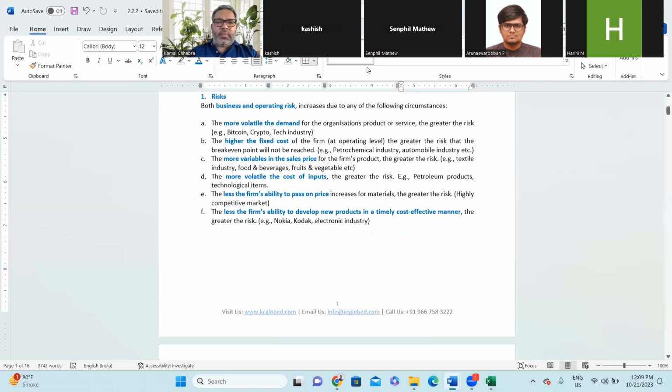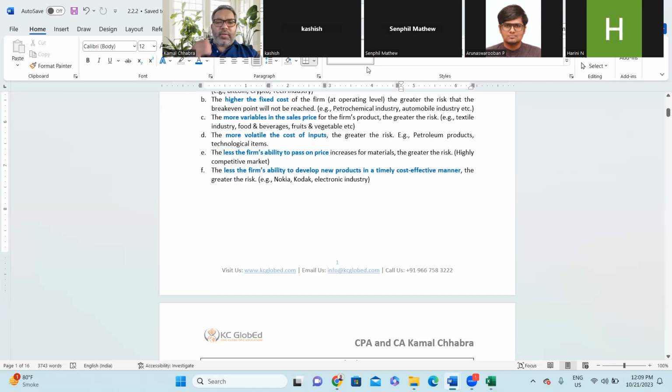Next is, the more volatile the cost of input, the greater the risk. For example, if you are in any industry relating to petroleum, like manufacturing of polyethylene, polypropylene, or petroleum jelly or any other petroleum product, and your company is dependent on petroleum as an input, right?